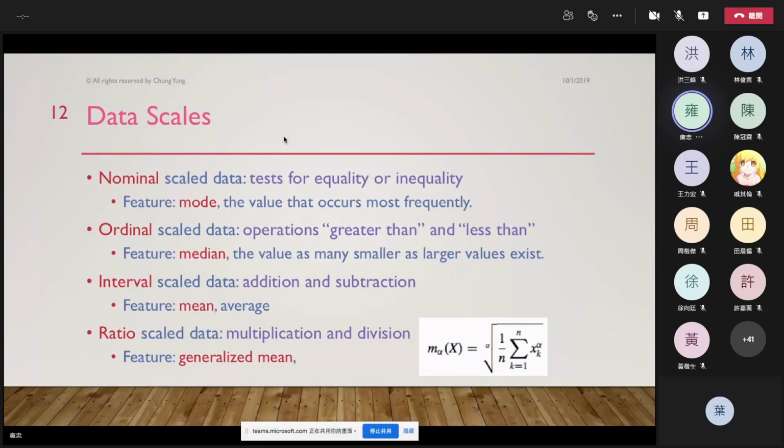Okay, the last type of data is ratio scaled data. For ratio scale data, not only can we test for equality, test for greater than, and do addition, but we can also do multiplication and division.